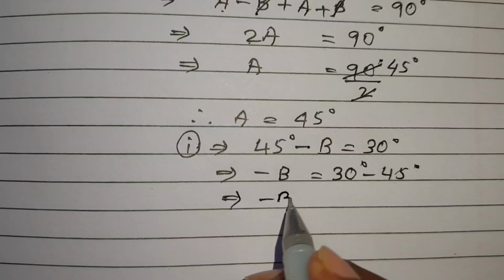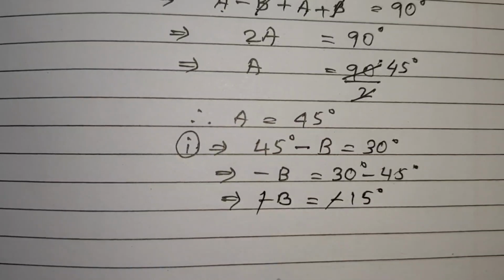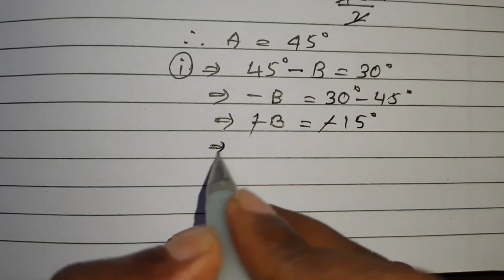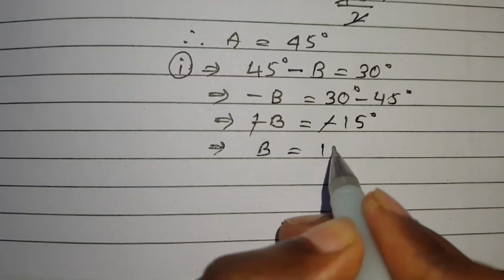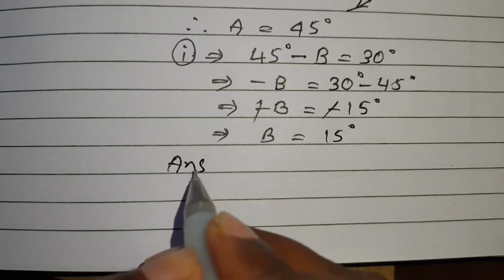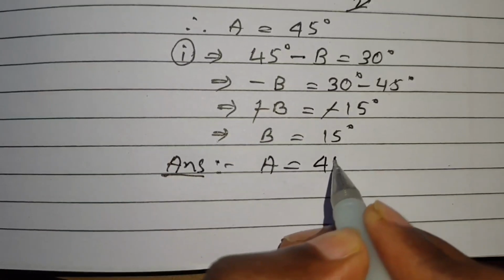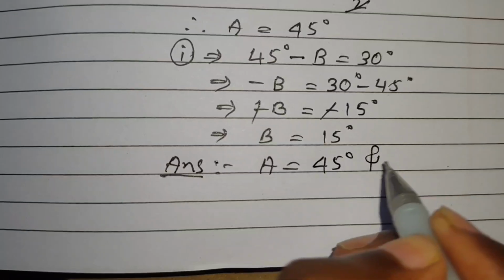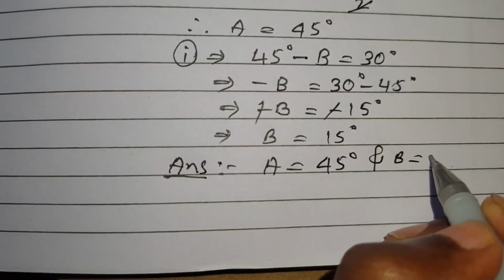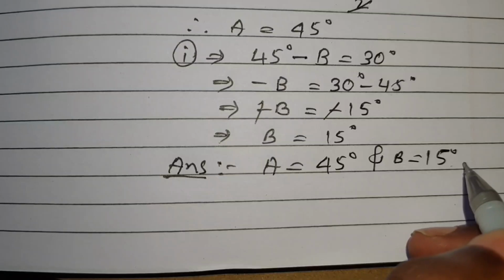So 30 minus 45 degree gives minus b is equal to minus 15 degree. This minus cancels, so b is equal to 15 degree. Now the answer is a is equal to 45 degree and b is equal to 15 degree.